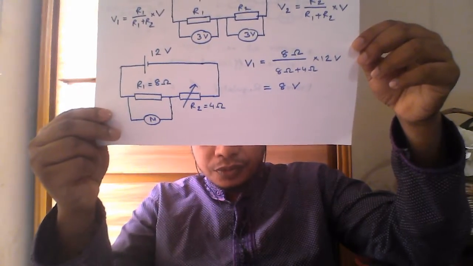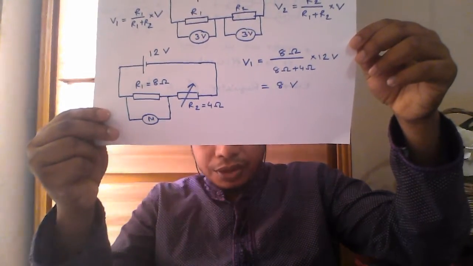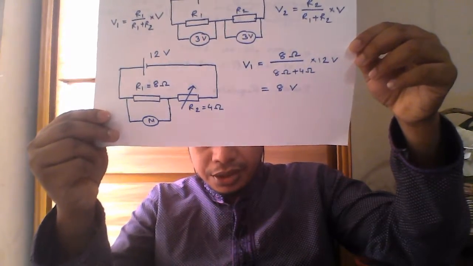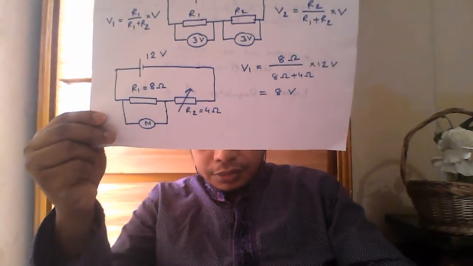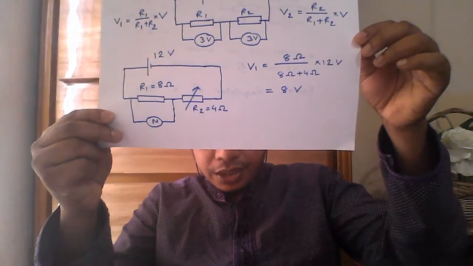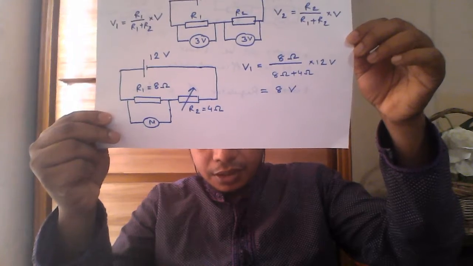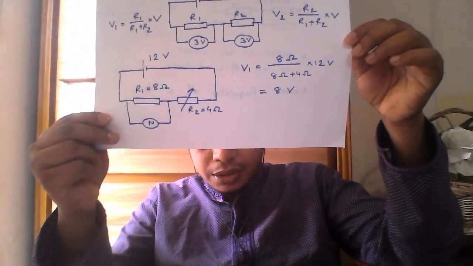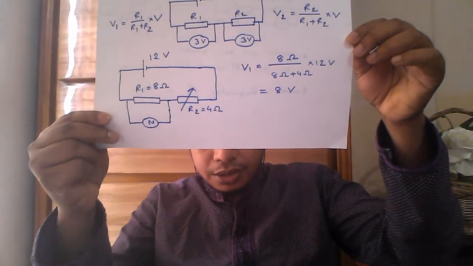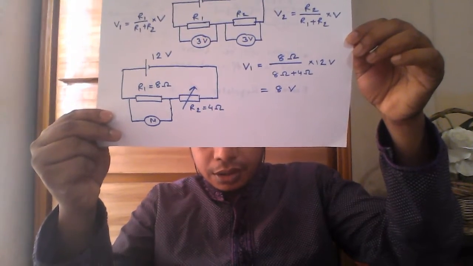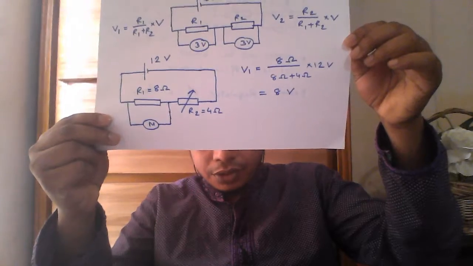That's why we are calling it V1. So V1 equals 8 ohm divided by 8 ohm plus 4 ohm, that is R1 plus R2, multiplied by the source voltage, that is 12 volt. So if you calculate, V1 comes 8 volt.